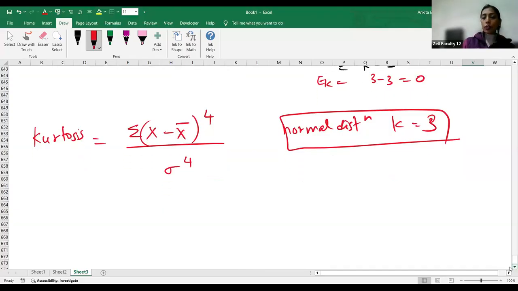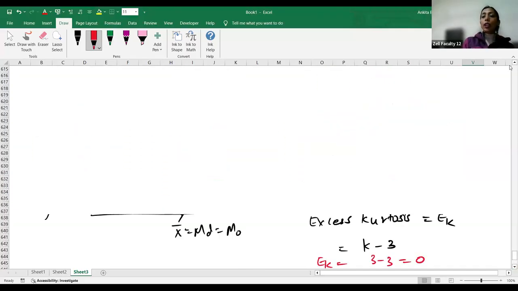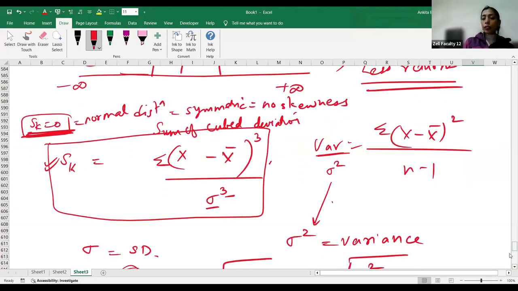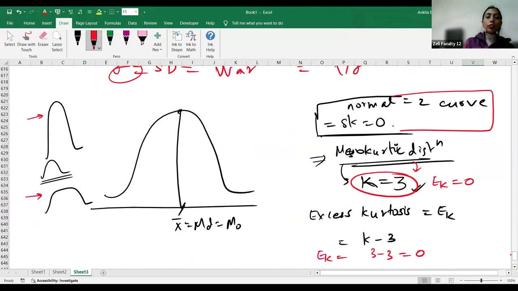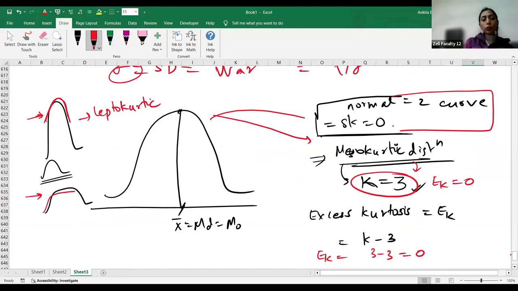So this is kurtosis. So now as I was telling you here in kurtosis, that normal distribution curve is also known as mesokurtic. So this distribution curve which has a peak here, this distribution is known as leptokurtic curve. And this distribution which has a plateau here, this is known as a platykurtic curve.